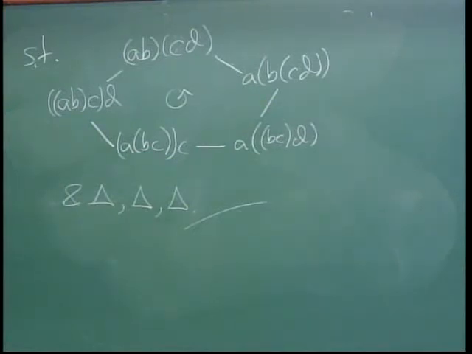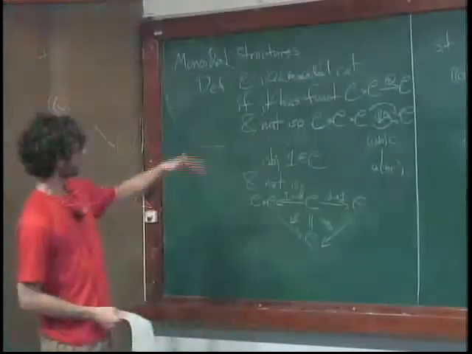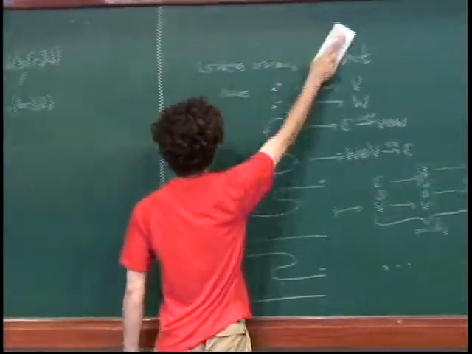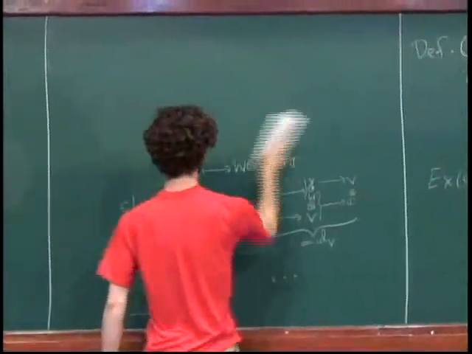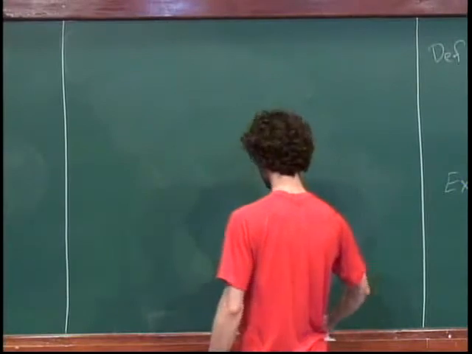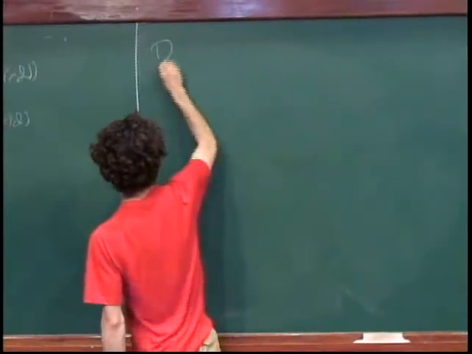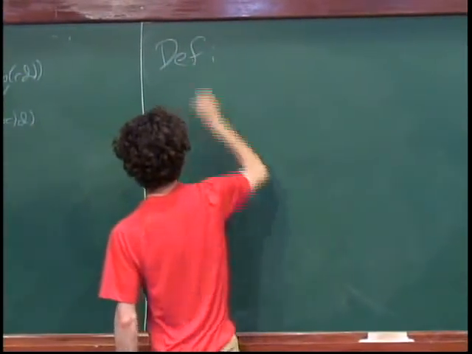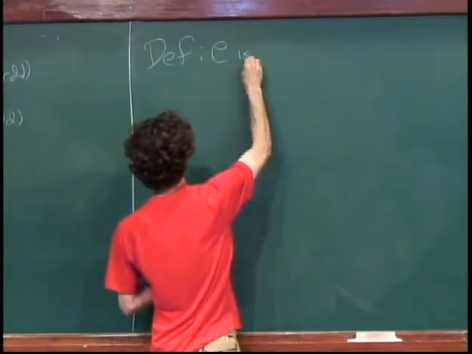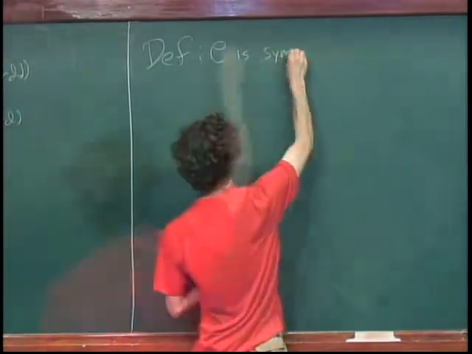And now I also want to say what it means to have a symmetric structure on this category. So C is some monoidal category.